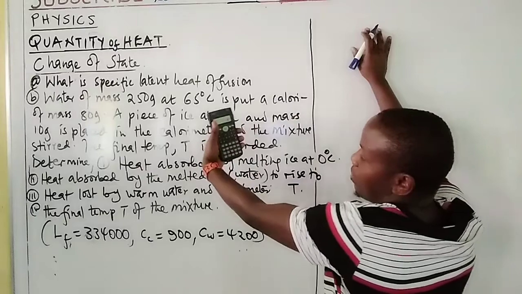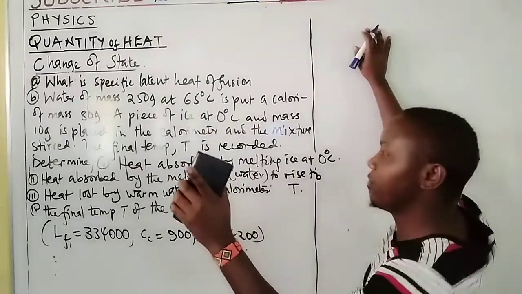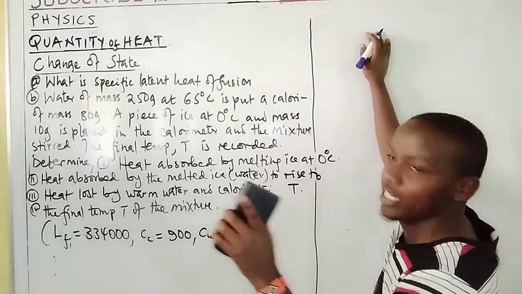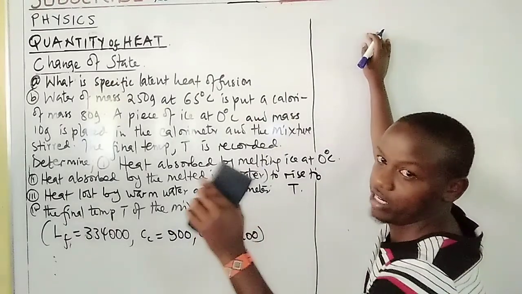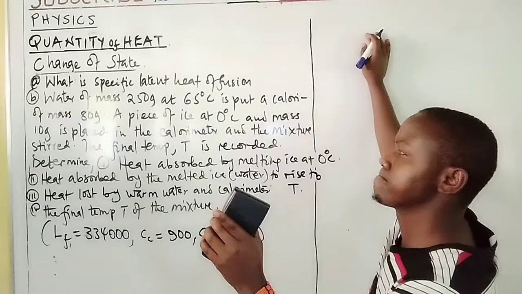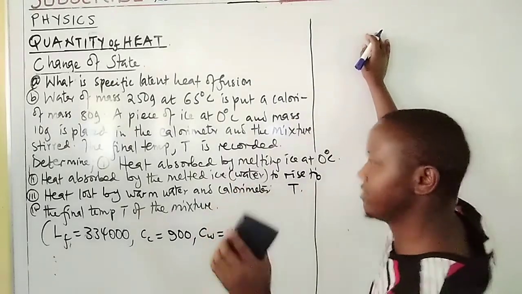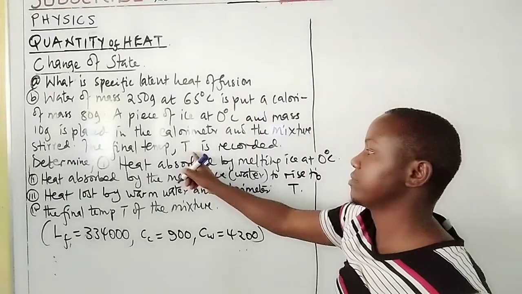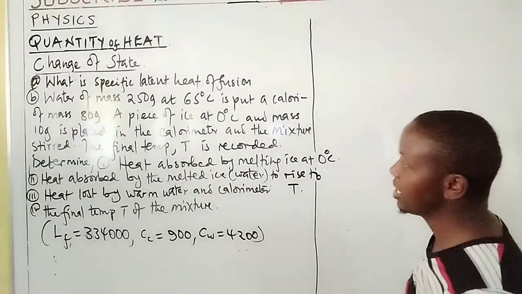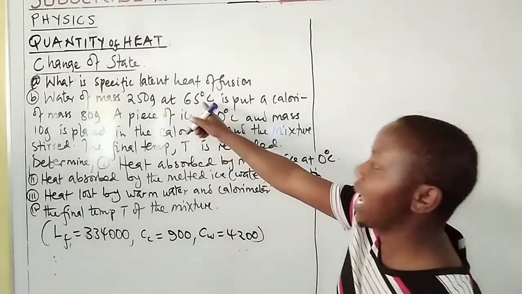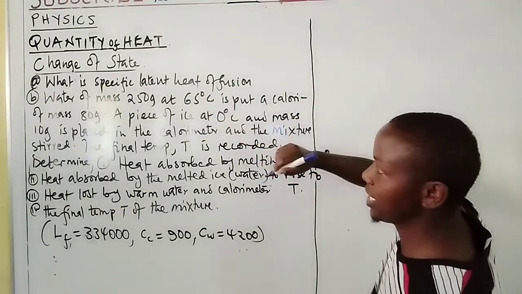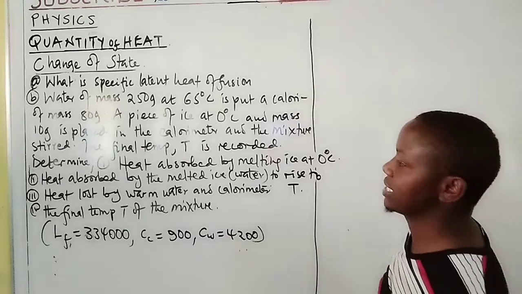The ice is already at 0, so it requires, first of all, heat of fusion so that it becomes liquid water. Then, still at 0 degrees Celsius, it has to be raised to the common temperature T. And now, water and the calorimeter are losing heat to the ice.